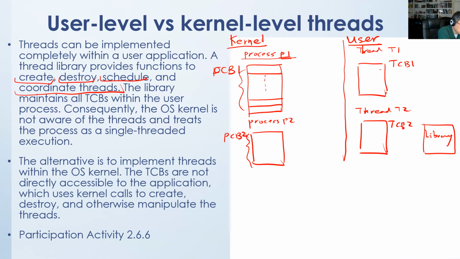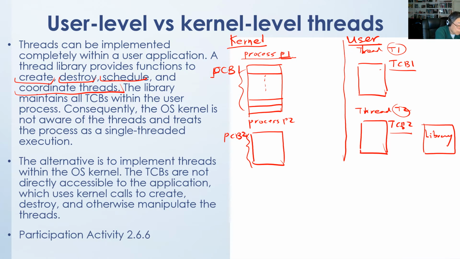Now the PCB for process 1, PCB1, is in the kernel space, so the operating system is aware of it. But the operating system is not aware of TCB1 and TCB2, nor of the two threads T1 and T2. What does that mean?